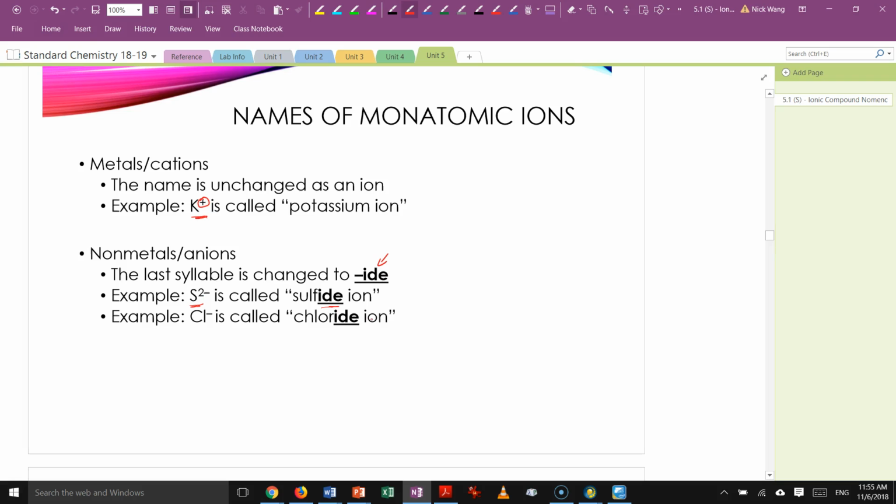Sulfur is the element, but when it becomes an ion, we call it a sulfide ion. And Cl becomes a negatively charged ion, therefore we call it a chloride ion. This is true for these monatomic ions. If you have a single element that's a negative anion, we change it to -ide. If it's a metal cation, going from a neutral metal into a charged one, we simply add the word ion to the end of it.